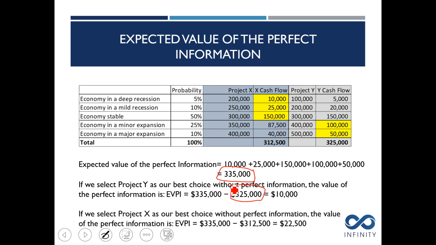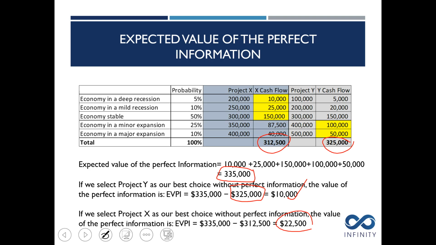The difference is 10,000. This is for project Y. We are considering the cash flow from project Y. Cash flow from project X is 312,500. So the expected value of perfect information for project X is going to be 22,500.